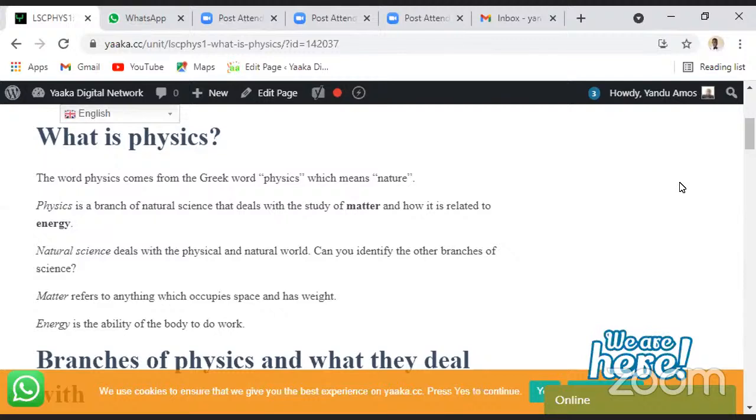But we have a short question there, which means physics is simply one of the branches of natural science, but we have other branches of science. Which other branches of science do you know? I know you are taught in other science subjects. Which other science subjects are you being taught? Those are the other branches of science we're talking about here.